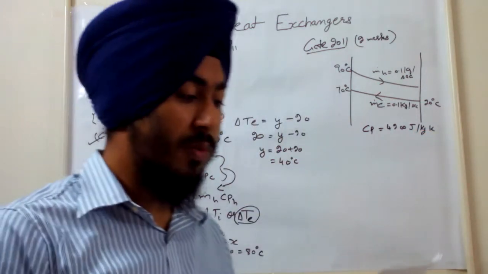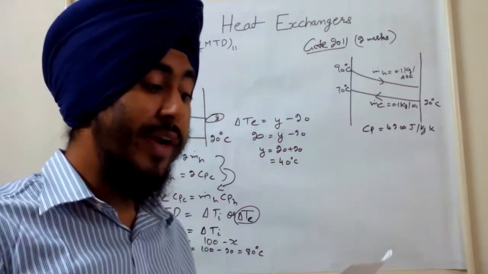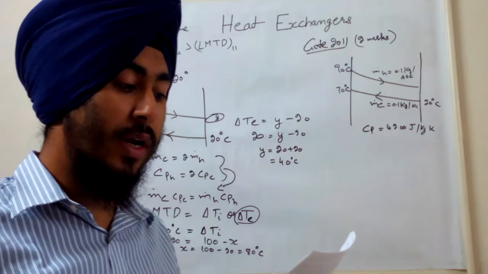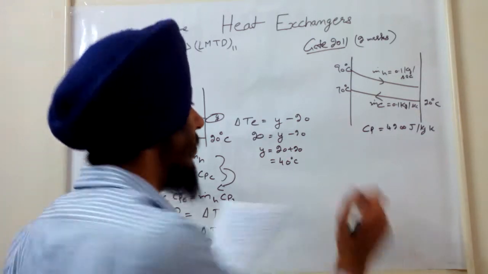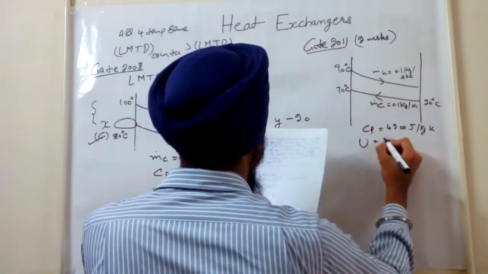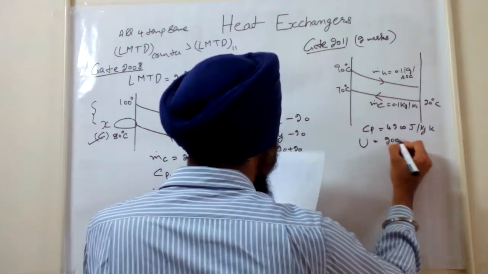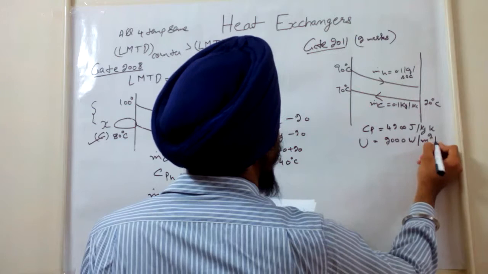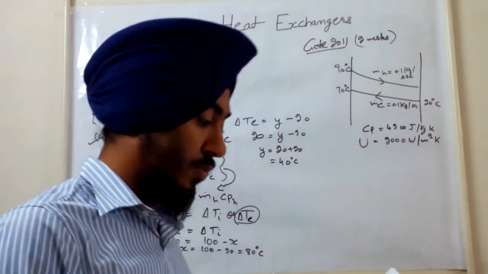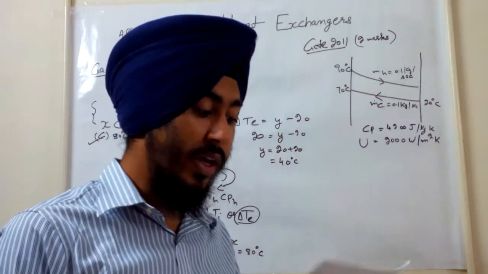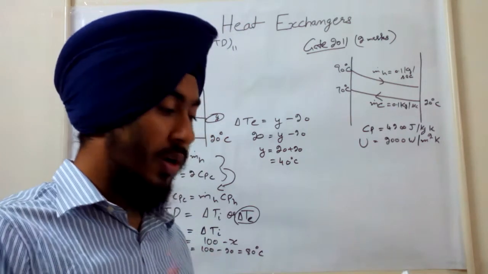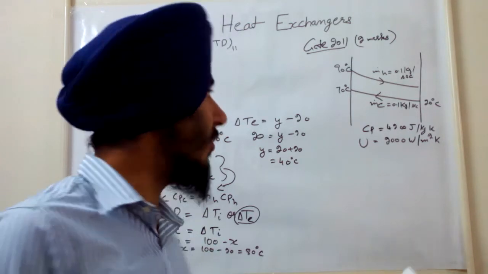Density is also given, but we do not need. Overall heat transfer coefficient is given 2000 watt per meter square Kelvin. We have to calculate area of the heat exchanger. Four options are given.